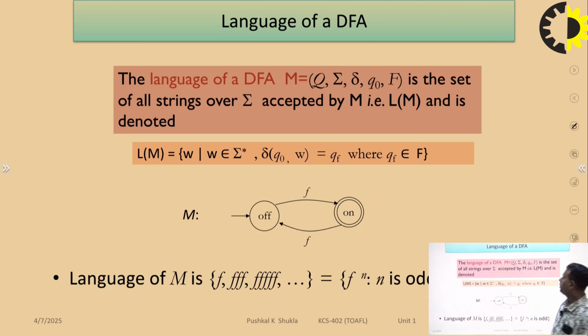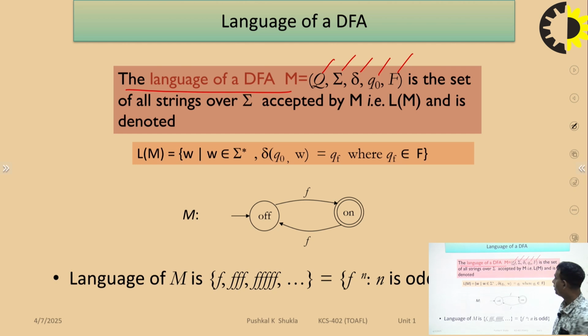Now the language of a DFA. For a DFA M equal to (Q, sigma, delta, q0, F), that is a finite number of states, a finite number of input alphabets, the transition function, the initial state and the final states, these are the tuples of a DFA.